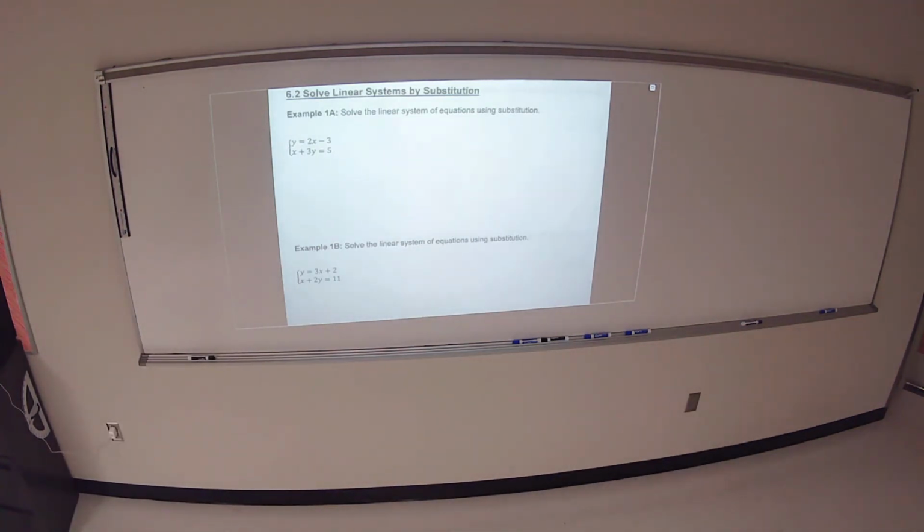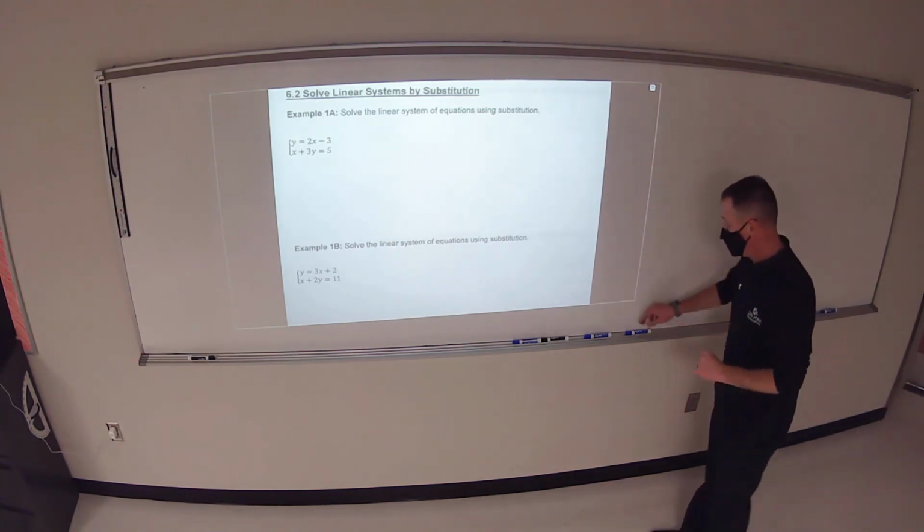Do we need to do that or is that already done? It's already done. Which equation is solved for what variable? The first equation is solved for y. So step number 1 is already done. That's not always going to be the case, but it is here today.